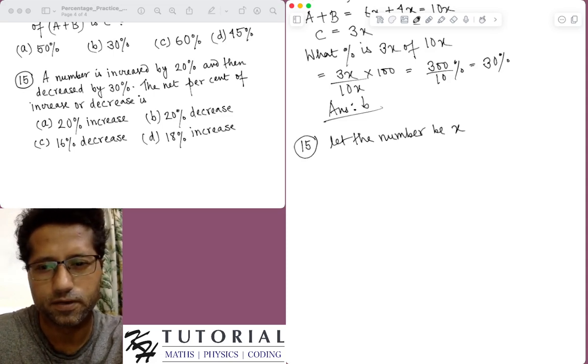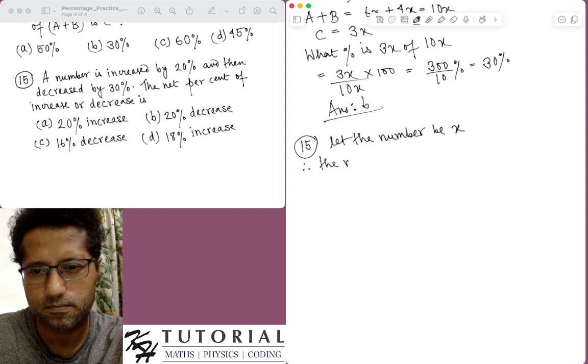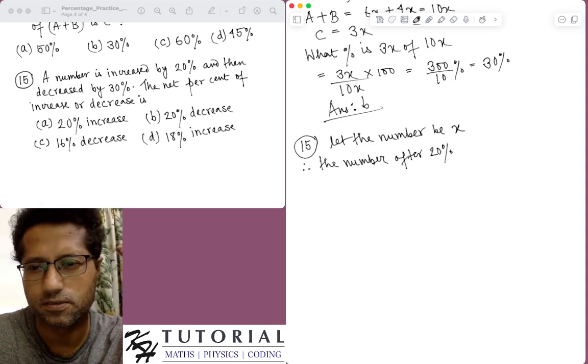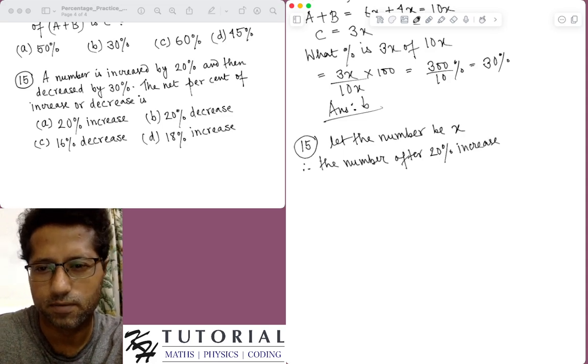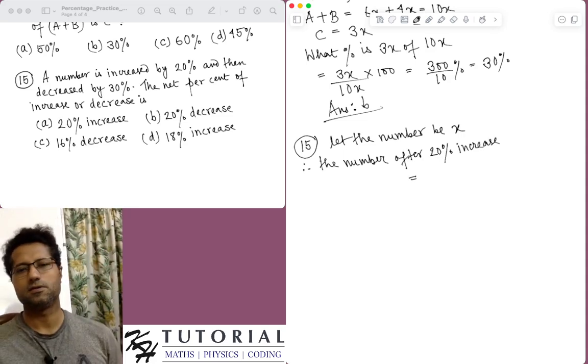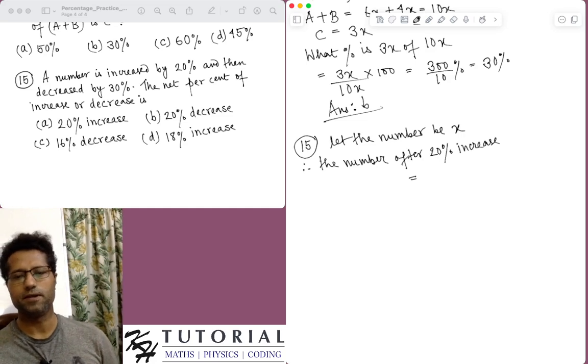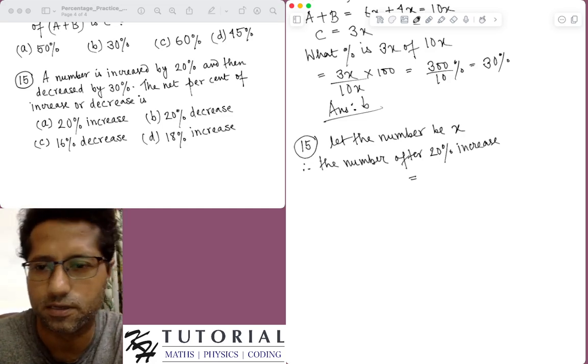So the number after 20% increase means, if the number x is increased by 20%, the new number becomes 100 plus 20% of the original number, that is x.